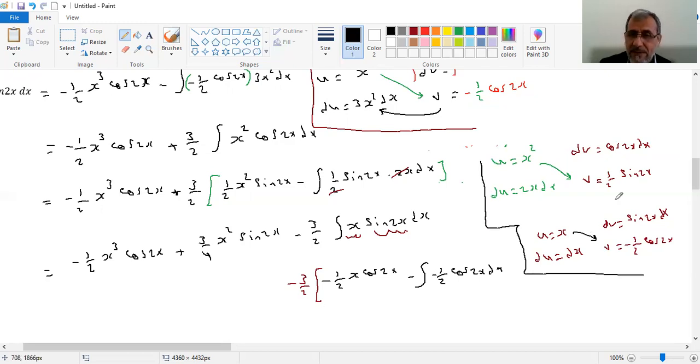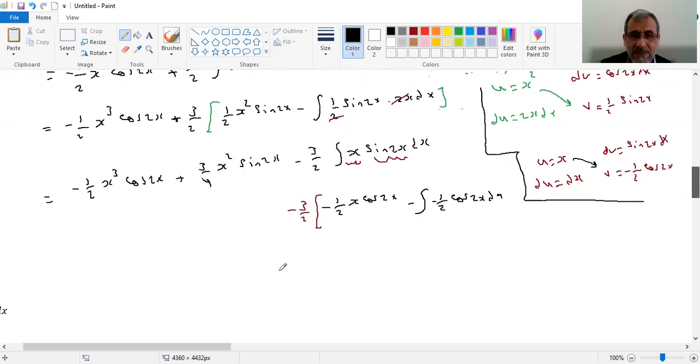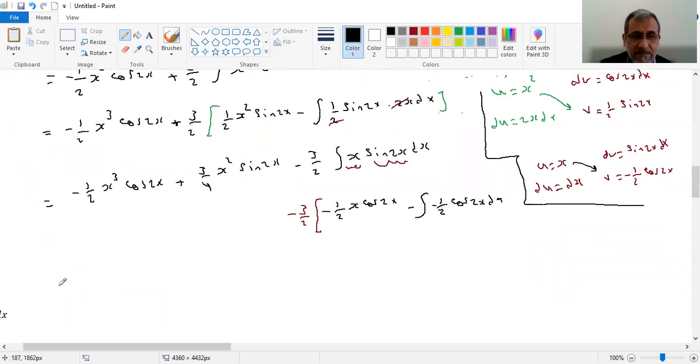Minus negative is positive, so it is 3 over 4 x cosine 2x, and here the same negative becomes positive, but this negative will be minus. So here I have 3 over 4 integral of cosine 2x dx.